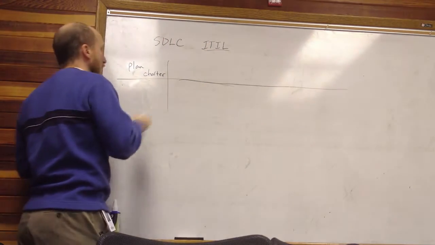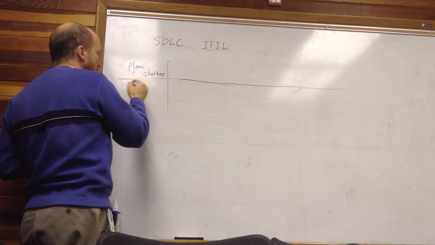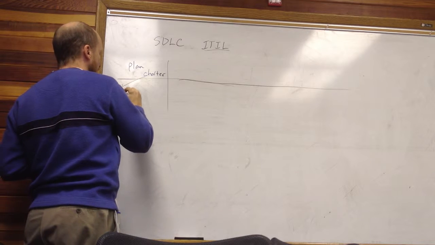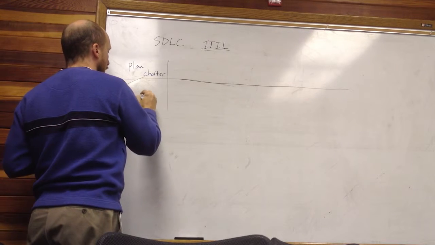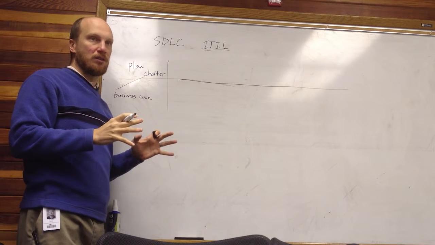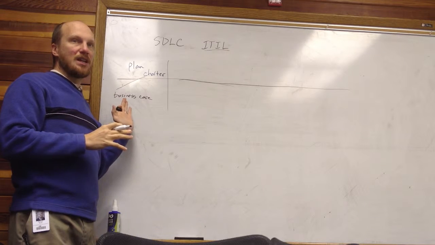And this is often a more specific version of a business case. A business case is the earlier phases in the strategic establishment of whether to do a project, right? We're doing analysis.